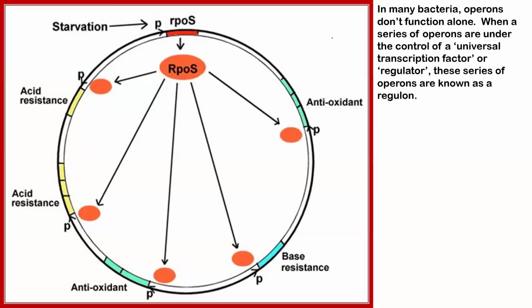So typically speaking, there are things called direct regulators, and direct regulators are regulatory proteins that control the expression of a single operon.